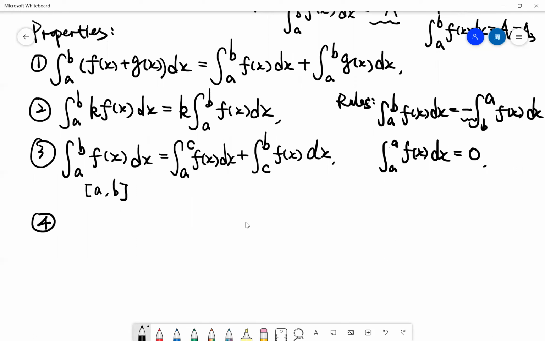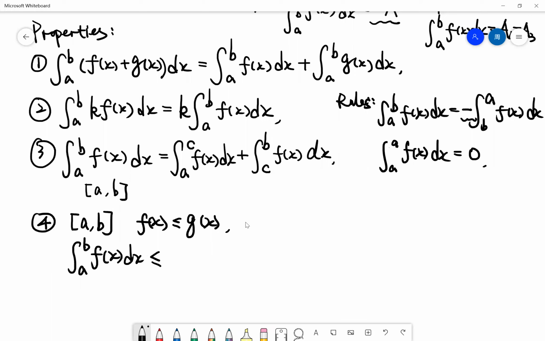Number 4 is: if on the same interval, for example from a to b, the function f(x) is always smaller than the function g(x), then the definite integral from a to b of f(x) dx is also smaller than the integral from a to b of g(x) dx. So here is property number 4.